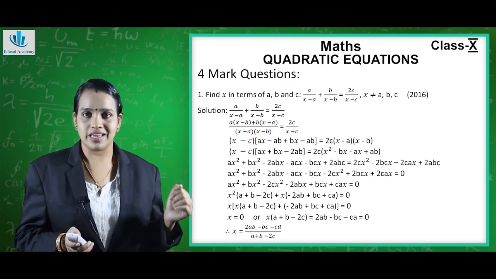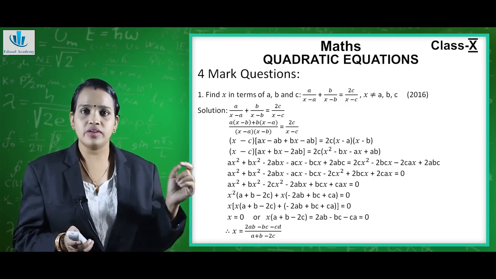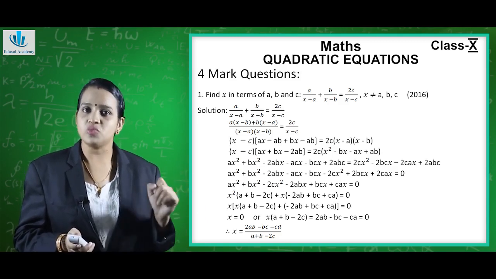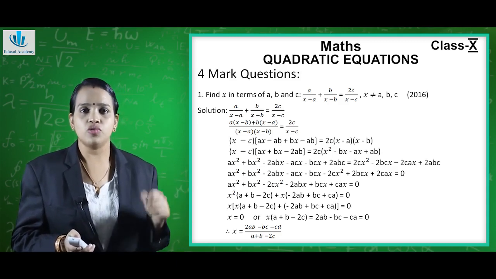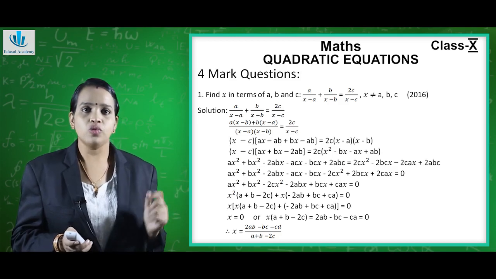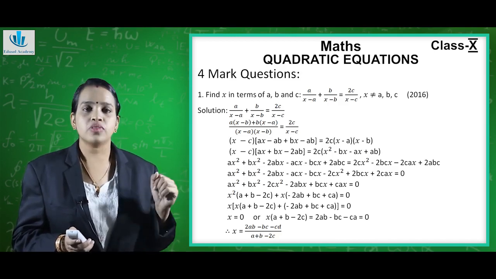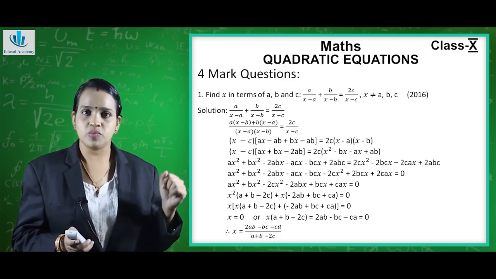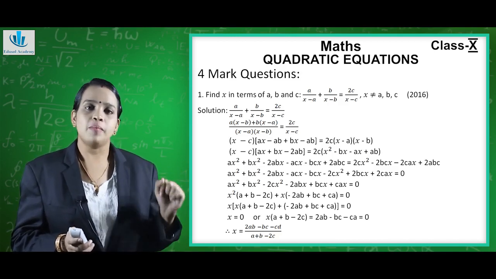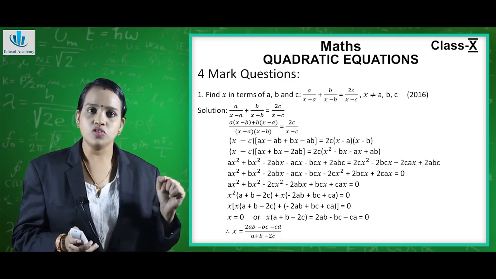So x minus c into a, we will take x together, so it becomes ax plus bx, minus ab minus ab gives minus 2ab, equal to, we will open the bracket on our right hand side, so it becomes 2c into x, x raised to 2, x into minus b, that is minus bx, minus a into x, it becomes minus ax, minus a into minus b, it gives plus ab.